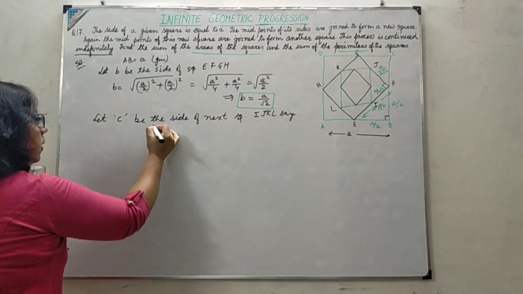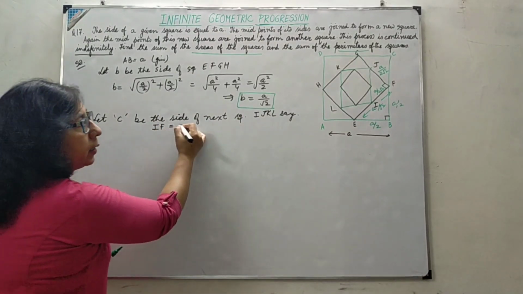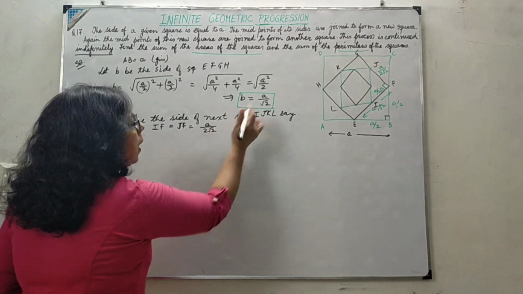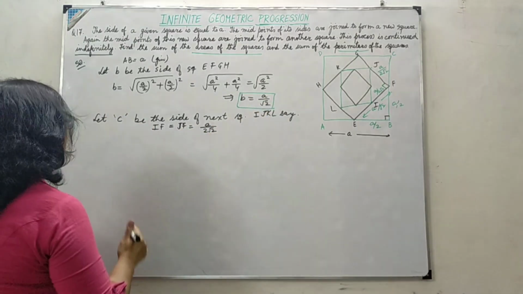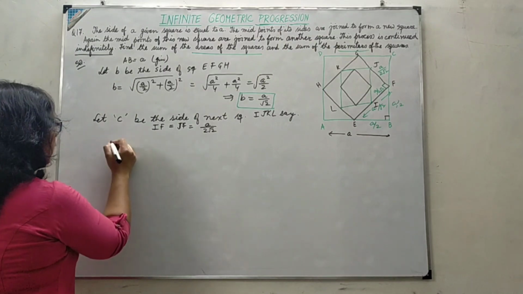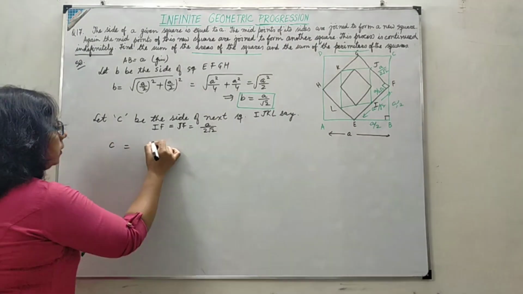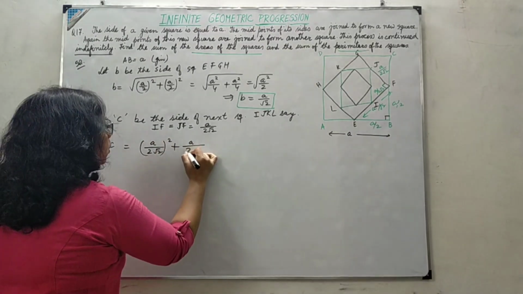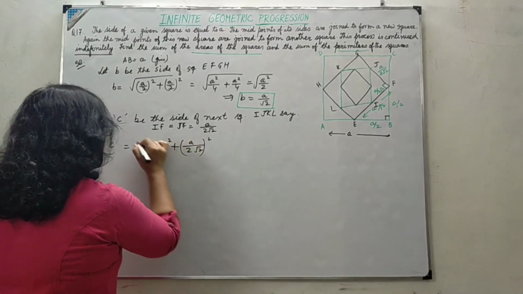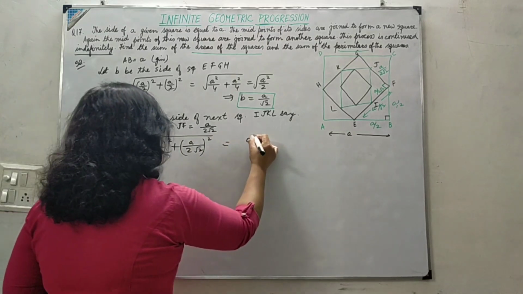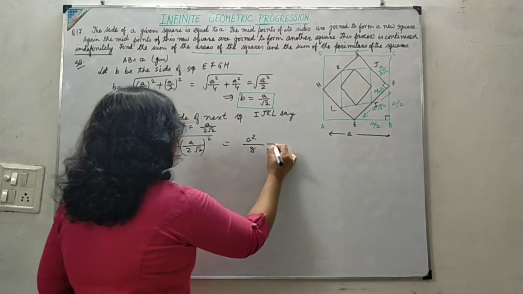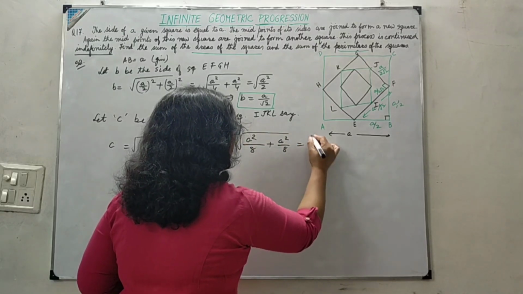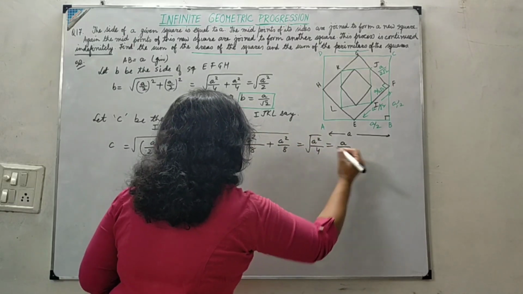So we have here IF and JF equal to A by 2 root 2, half of the side B. To get this, again I am using Pythagoras theorem. This is the root of A by 2 root 2 whole square plus A by 2 root 2 whole square, and that is the root of A square by 8 plus A square by 8, that gives A square by 4, and so this comes out to be A by 2.